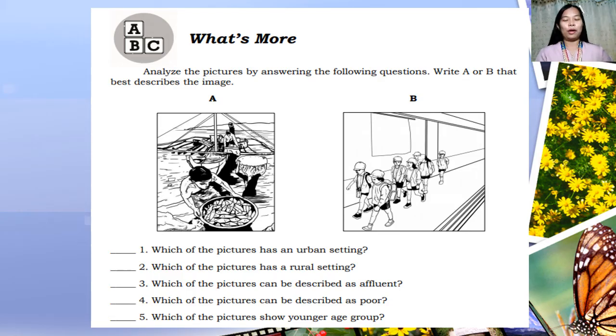So, affluent here and poor in this activity refer to the financial status. And number 5, which of the pictures show younger age group?